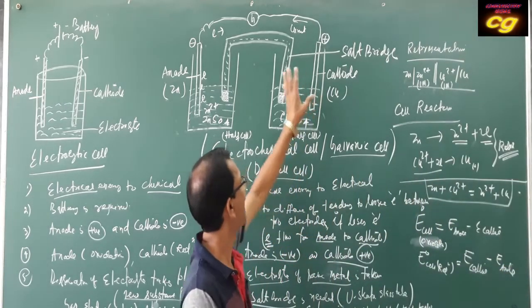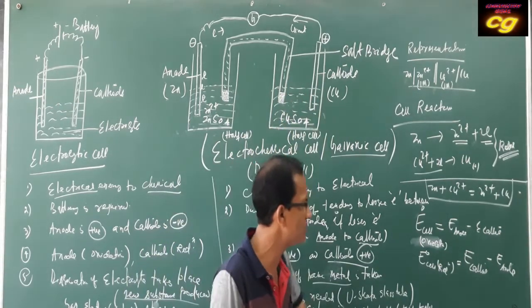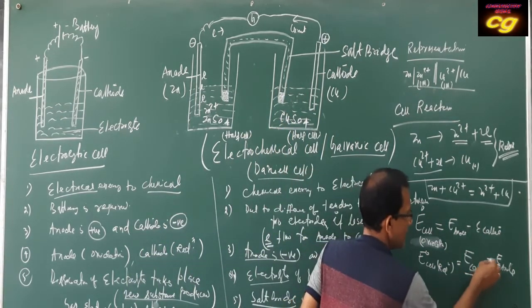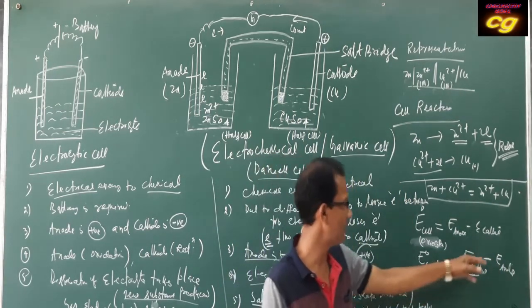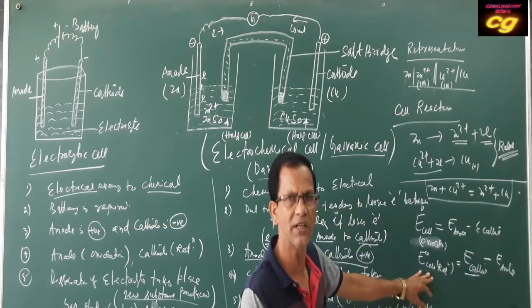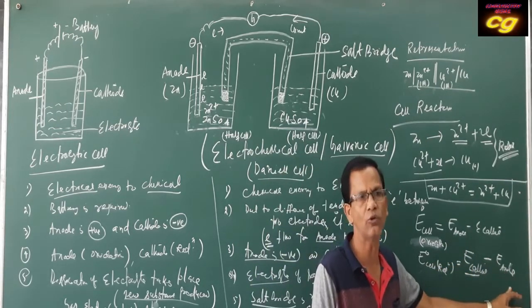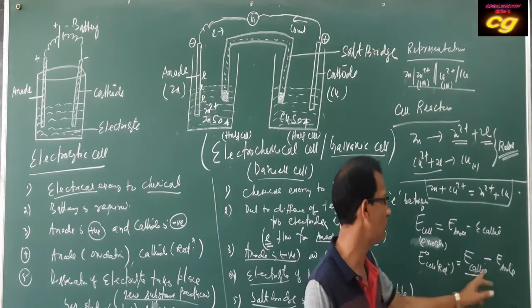Because cathode has a high tendency to gain electron, the reduction potential is more. Cathode has high reduction potential, the tendency to gain is more, and anode has low reduction potential. So in terms of reduction potential, you write E cathode minus E anode.